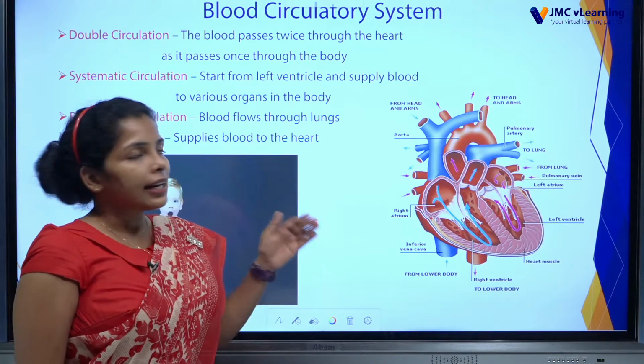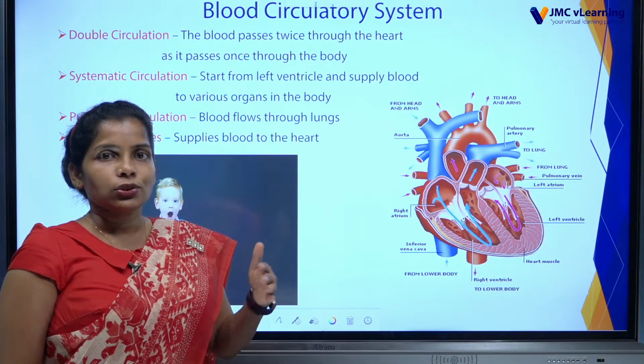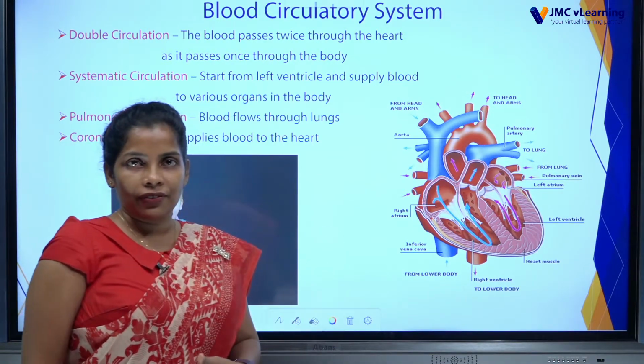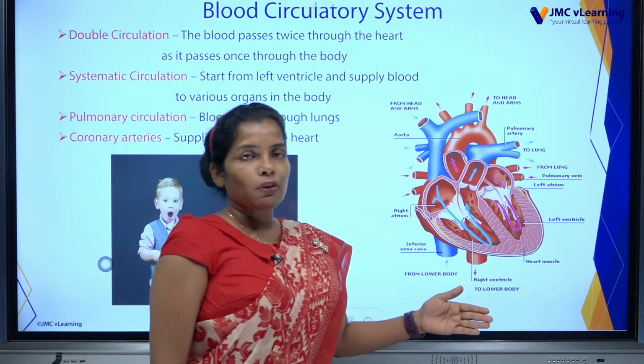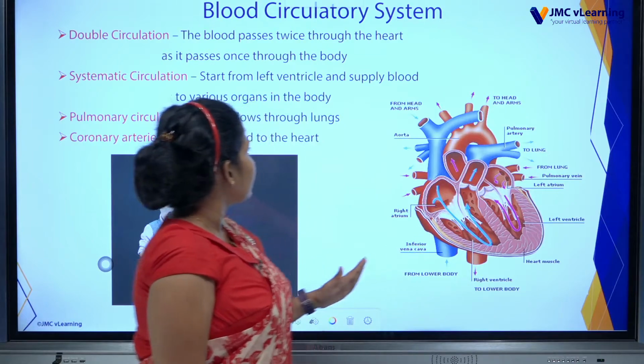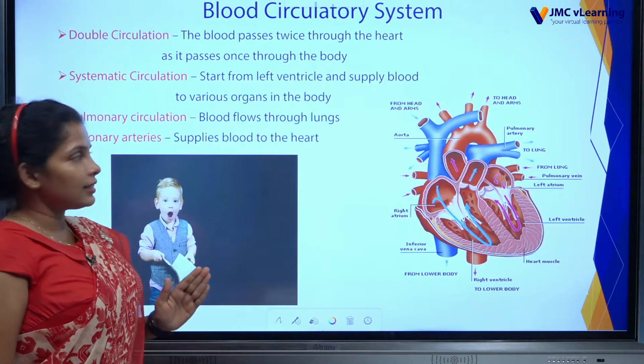There are 2 valves you can see in here: the bicuspid valve between the left atrium and left ventricle, and the tricuspid valve between the right atrium and right ventricle. So these are the main points in the blood circulatory system.